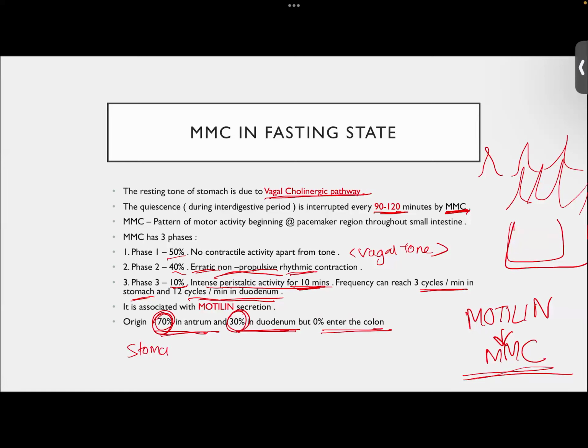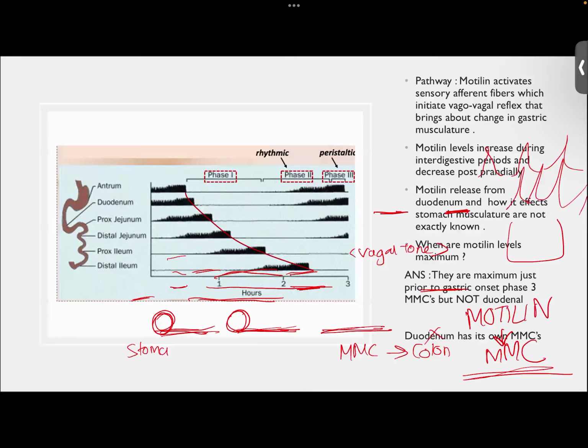They come from different origins, but both have MMCs, and they work the exact same way. However, their origin is different. So 70% are in the antrum, 30% in the duodenum, but 0% enter the colon, which means there's never going to be an MMC in the colon. No, impossible. In the antrum, which is a part of the stomach, and the duodenum, it's possible.